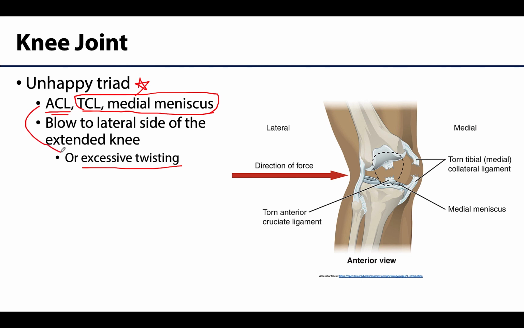That ACL is often considered. Now, can these structures be damaged individually? They absolutely can. You can have just an ACL injury, or just a TCL injury, but due to their close proximity and their relative weakness, it is not uncommon to have 2 or 3 of these structures injured at the same time.